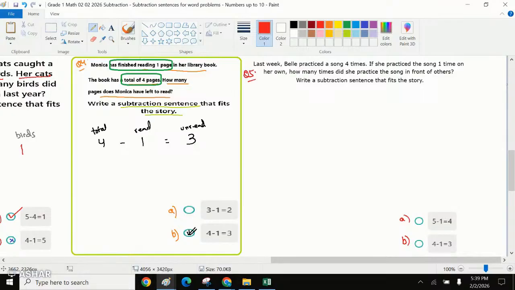She practiced 4 times. When she was alone, maybe at home, she practiced it once. And what they are asking us is, how many times did she practice the song in front of others, or in front of the audience?